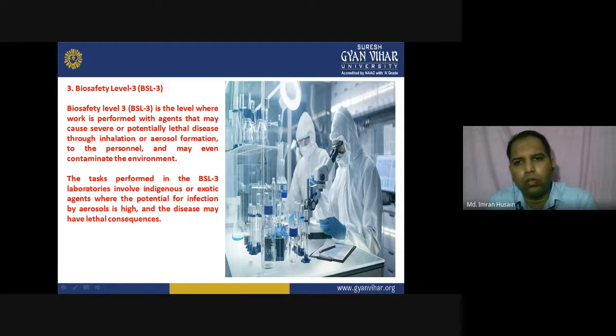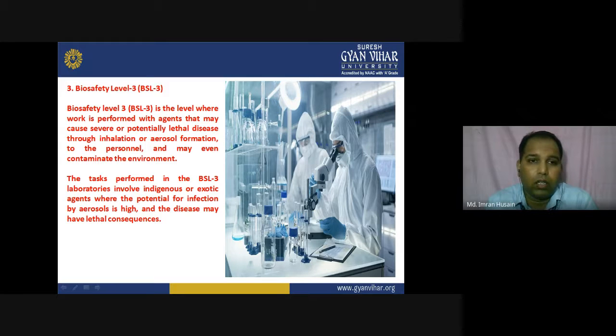Now, coming on to the BSL-3 laboratory facilities, or biosafety level 3. BSL-3 is the level where work is performed with agents that may cause severe or potentially lethal disease. You should take into consideration that here the pathogens being used are very lethal in nature and potentially severe in nature.